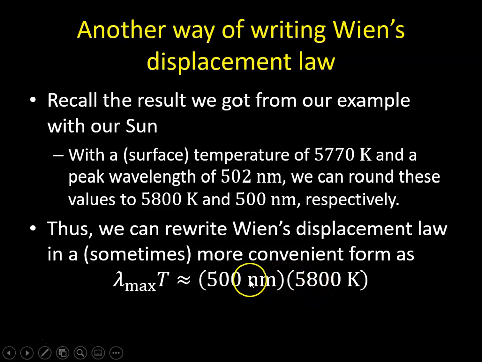This is a convenient approximation because a lot of times, if you happen to know the temperature of a star or something like that, then you can just plug it into this equation and perform some mental math to figure out the peak wavelength. But here's the thing, guess what? Astronomers don't do it this way.